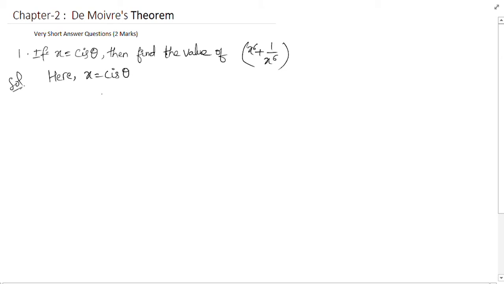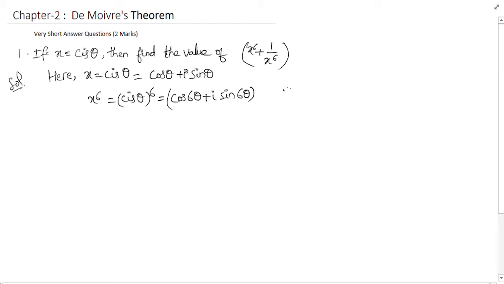And we know that cis theta is equal to cos theta plus i sin theta. So that means x^6 will be equal to cis theta to the power 6, which is equal to cos 6 theta plus i sin 6 theta.